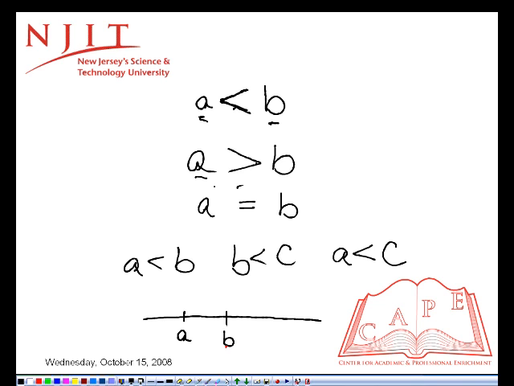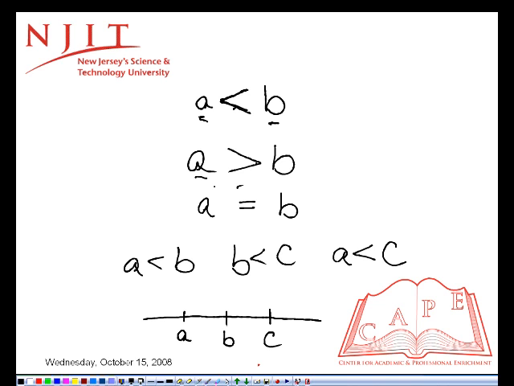Now the second condition says that B is less than C. So that means that B has to be to the left of C, as this is. Now, basically what the property is telling you is that if A is less than B, as it is here, and B is less than C, A is less than C. And the number line shows it because A is to the left of C, which means that A is less than C. So the property makes complete sense.